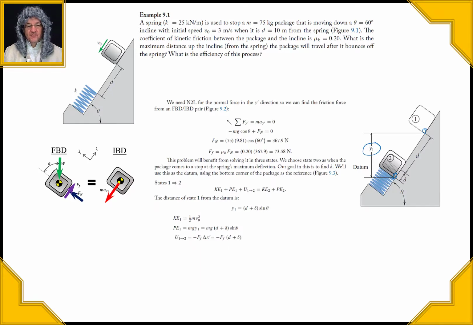And we know the potential energy is going to be that y1 of state 1. And then we know that the work of the external force, the friction, is going to be the friction force times the delta x in the x prime direction. So that's going to be that friction force, and it's going to be d plus delta, right?